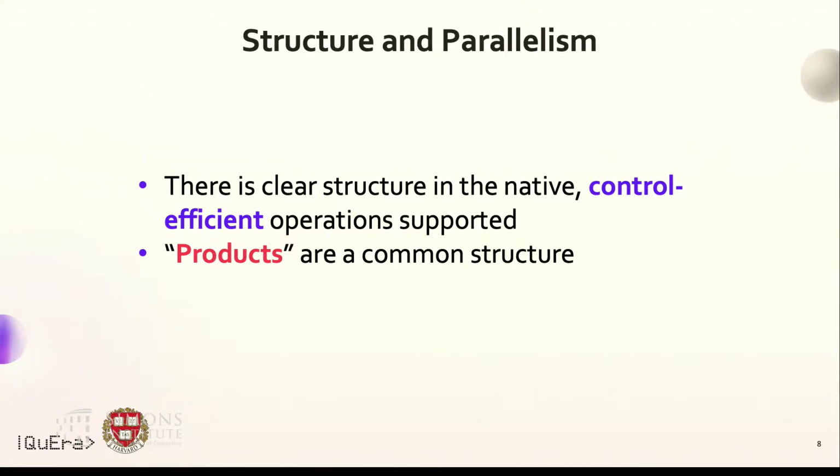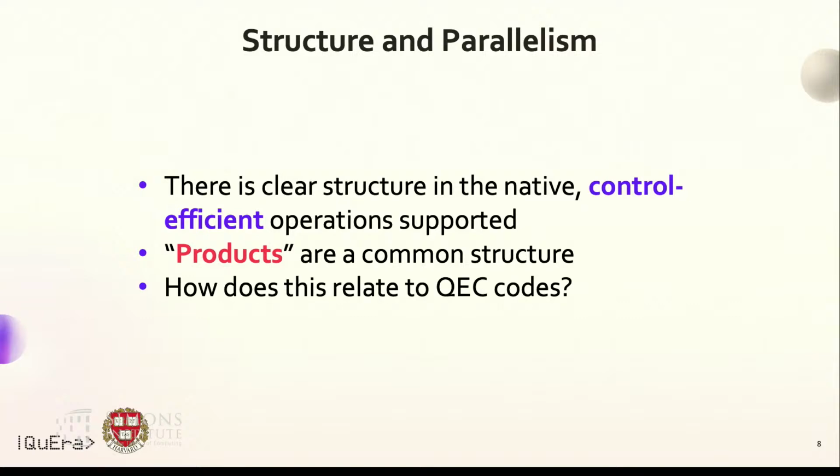Really, one way to phrase it in a language that will be a little bit evocative of some of the code constructions that we'll see later is that it's like a product, right? So if you have something that is rectangular, one way to see it is that you have two 1D things and you take a product. And that's how a lot of these current tools are formed. But again, this is something that we just have in the current generation.